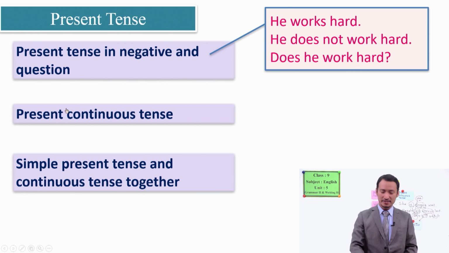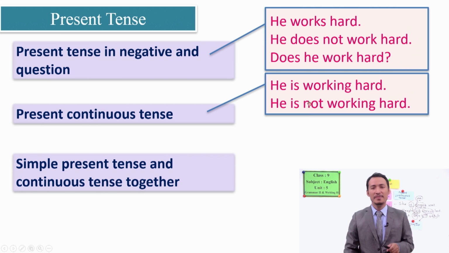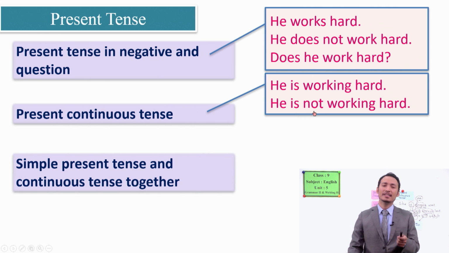Now, present continuous tense, let's have a look at this. As we have already said, there is a subject and be verb, and then we have a verb 4 or ing verb, and then we have an adverb or object. And we can easily make this sentence negative by adding not after the be verbs.